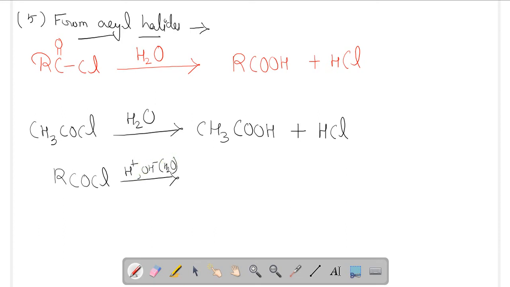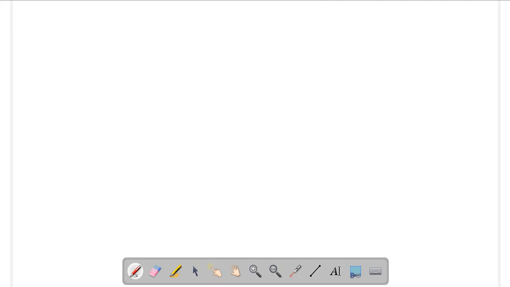So here the H plus ion will form RCOO minus, which on further hydrolysis will get converted to RCOOH. Okay, and the formation of HCl is obvious, it will take place here because H plus ions are present, so Cl minus will get attached to that H plus ion there. Okay, next is the hydrolysis of anhydrides.